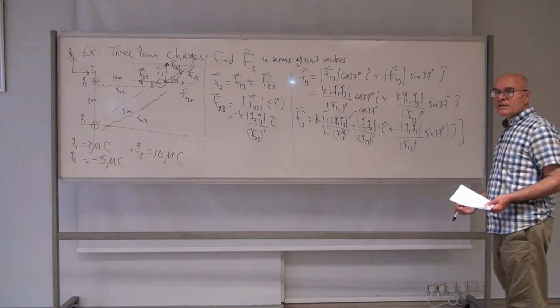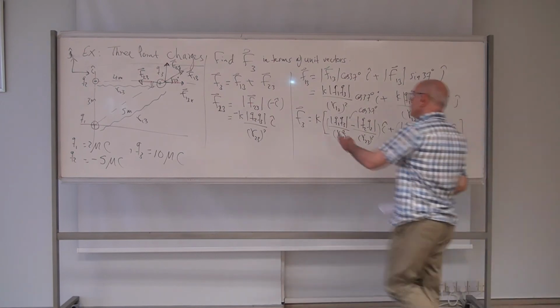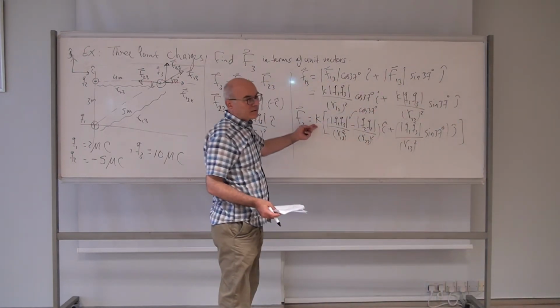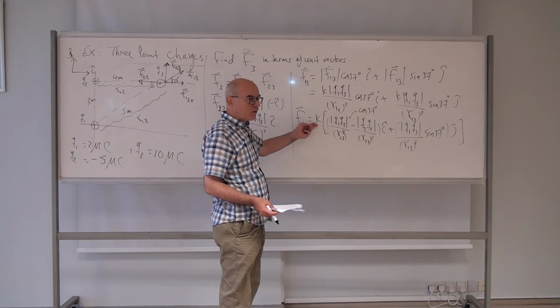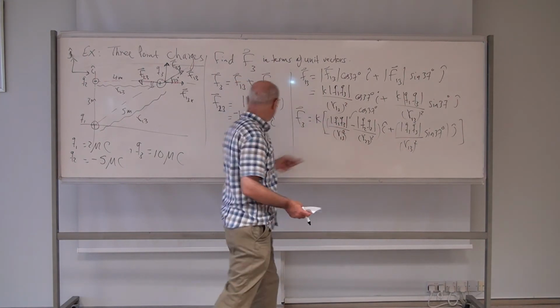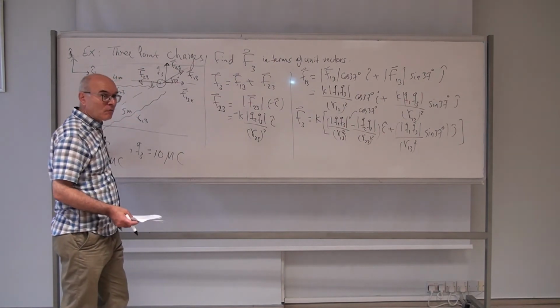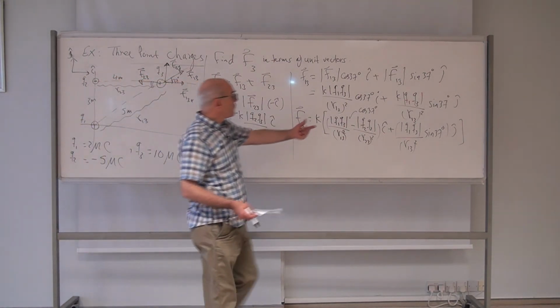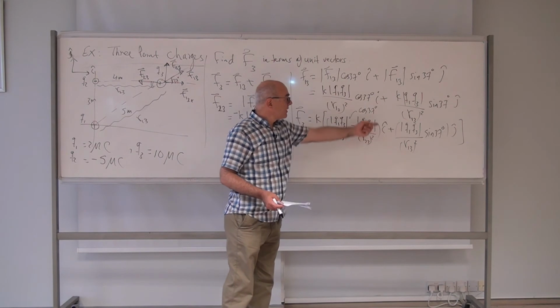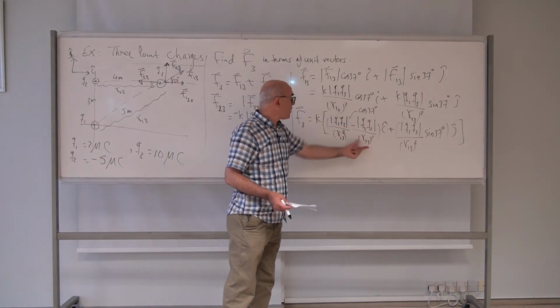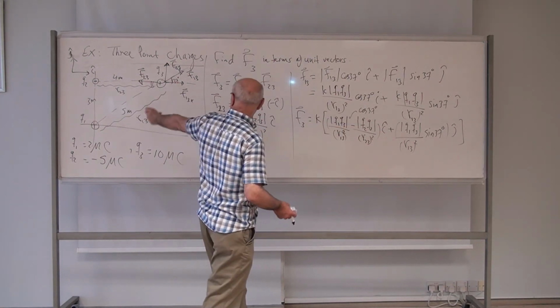Now what remains is to enumerate. You substitute k equals 9 times 10 to the power 9. Q1 and Q3, you have their values. You don't forget the micro, which is 10 to the minus 6, so I will have 10 to the minus 12 coming here. Cosine 37 and sine 37, I know. R13 and R23 are also known. They are given in meters.